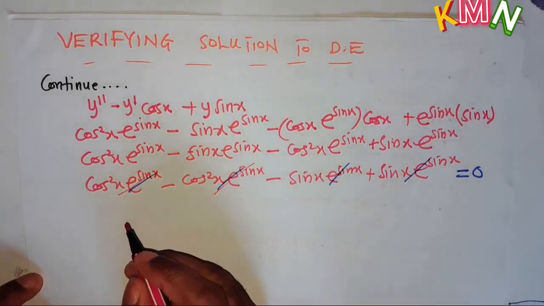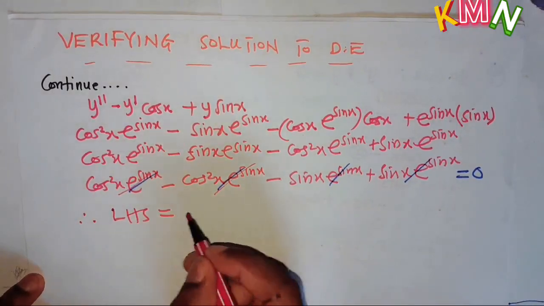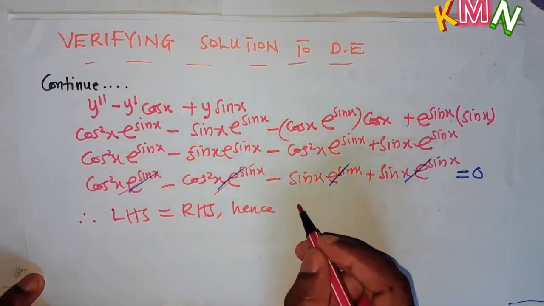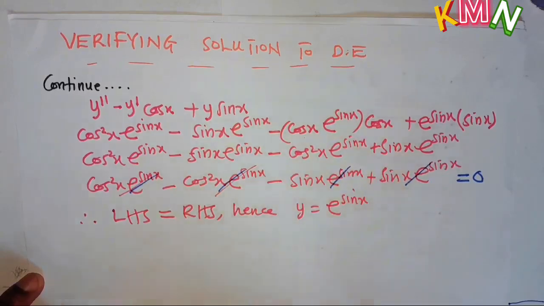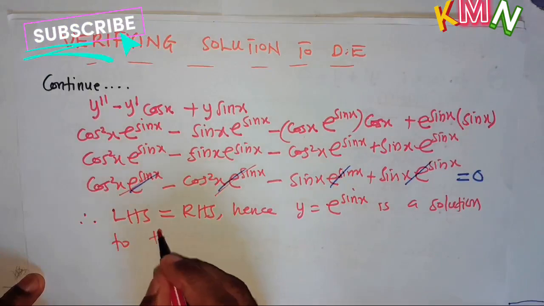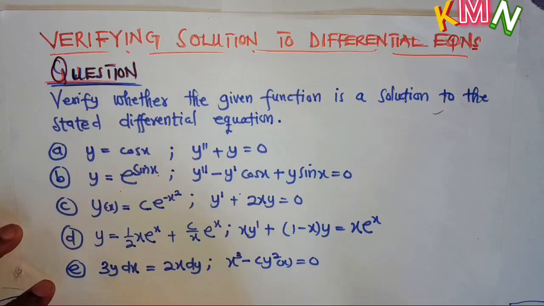So we can conclude that therefore the left hand side is equal to right hand side. Hence y equals e power sine x is a solution to the differential equation.